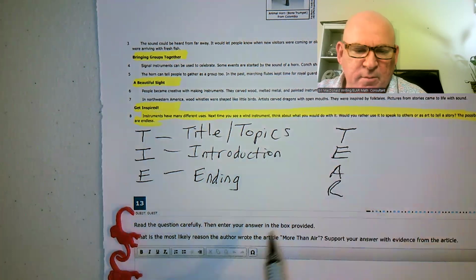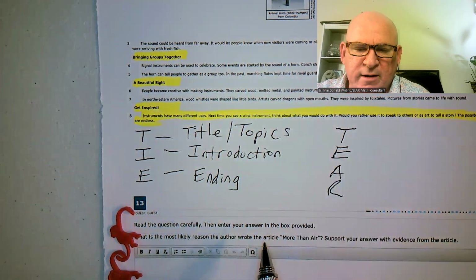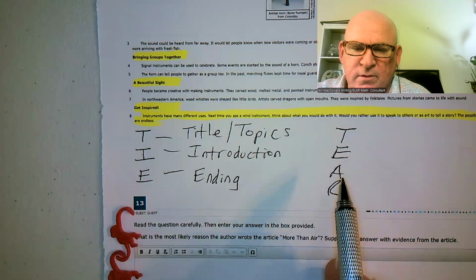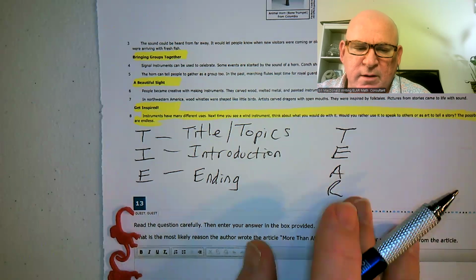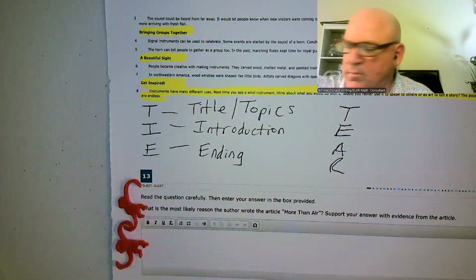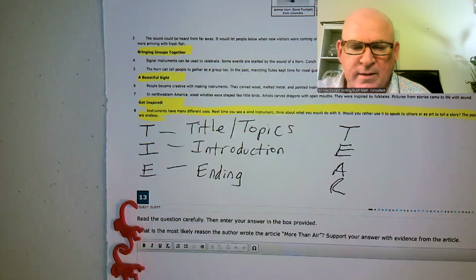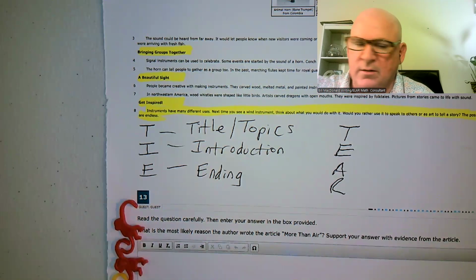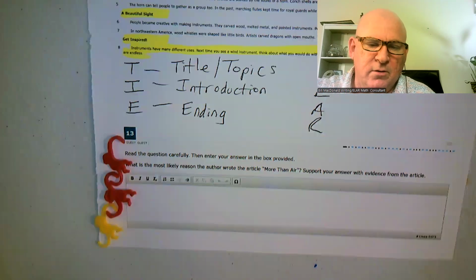Once they understand the topic, the reason for writing the article, they should go look for evidence, use that to come up with an answer in a complete thought, that first little yellow red monkey, and then they can state the evidence, the location.